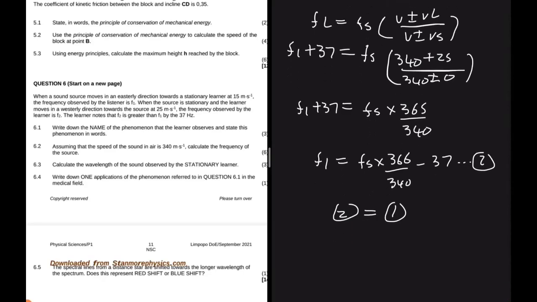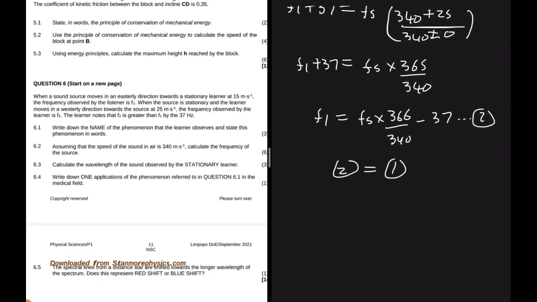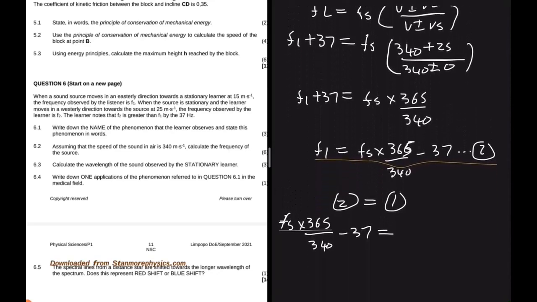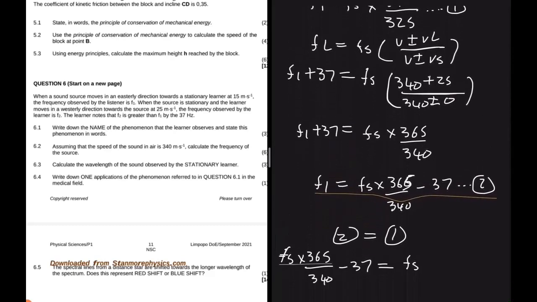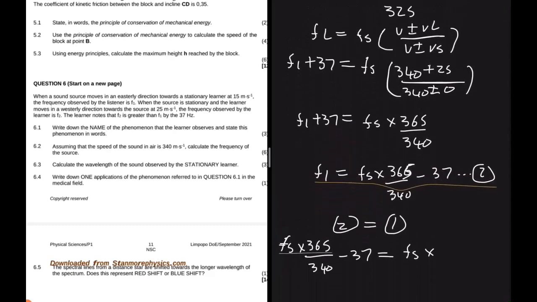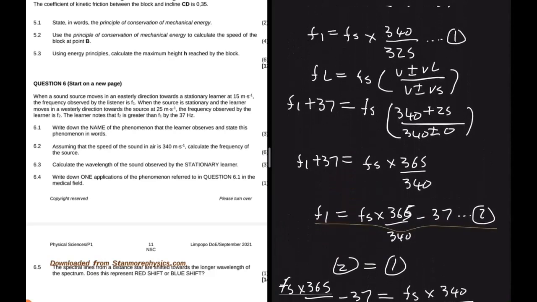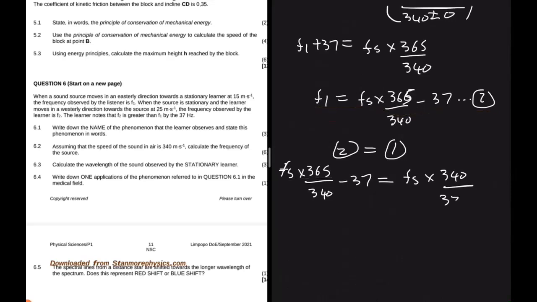So equation 2 is Fs multiplied by 365 divided by 340 minus 37, and it's supposed to equal equation 1, which is Fs multiplied by 340 divided by 325. So what we are going to do is make Fs the subject of the formula.